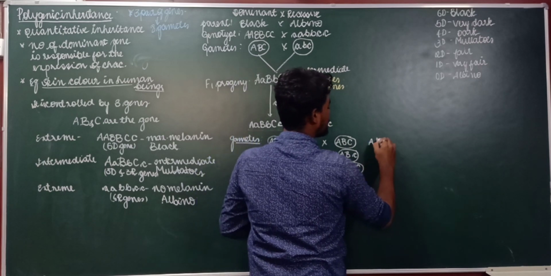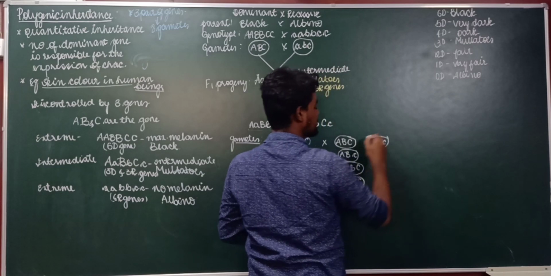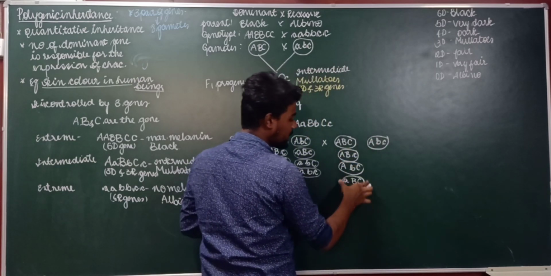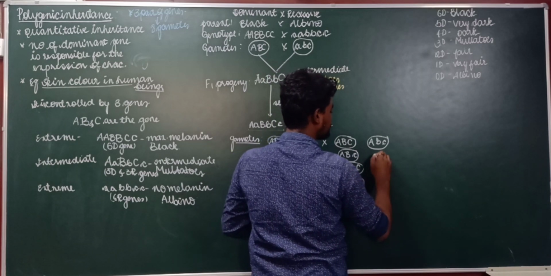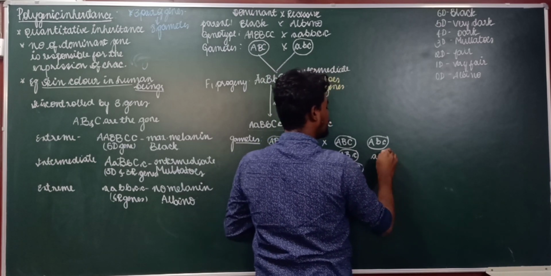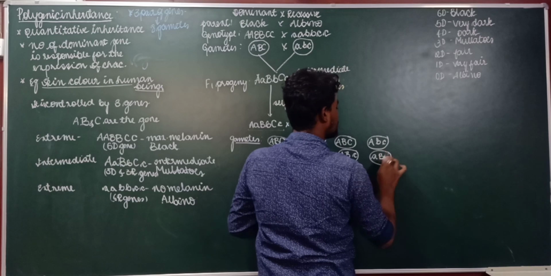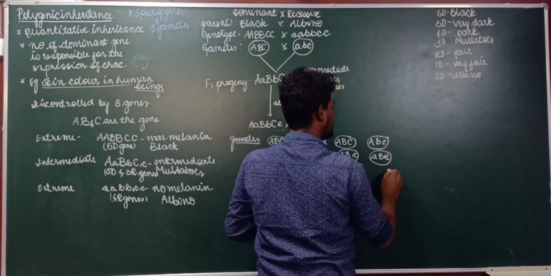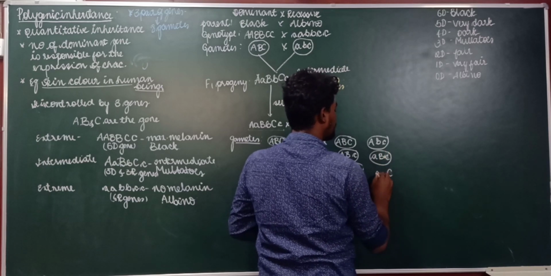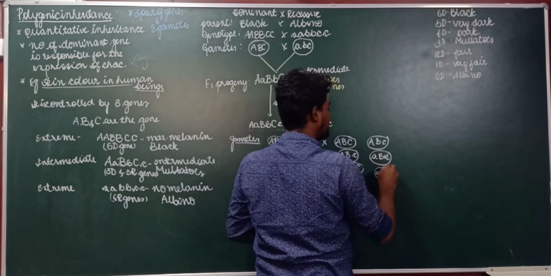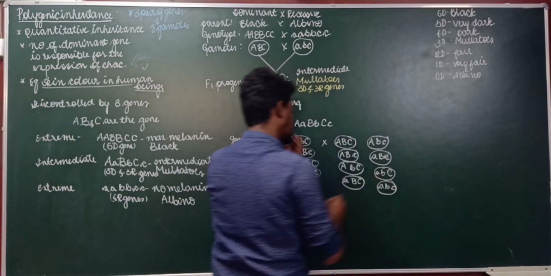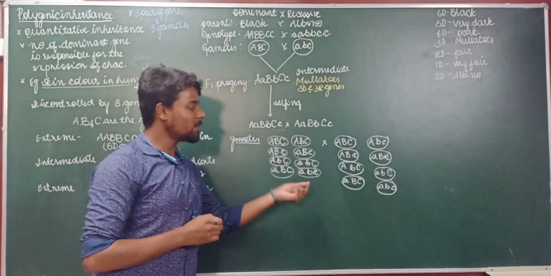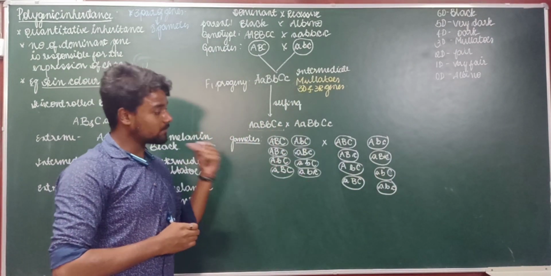Here A is dominant, B and C are recessive. Here I am taking two dominant alleles, here only one dominant allele, only B, and then the dominant allele of C, and the remaining will be recessive. And next it is small a, small b, and small c, which is all recessive alleles.